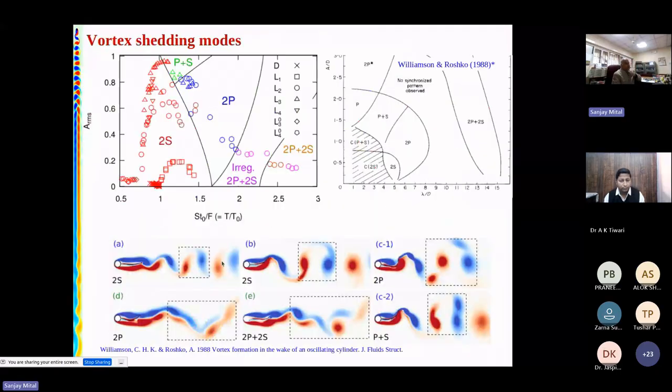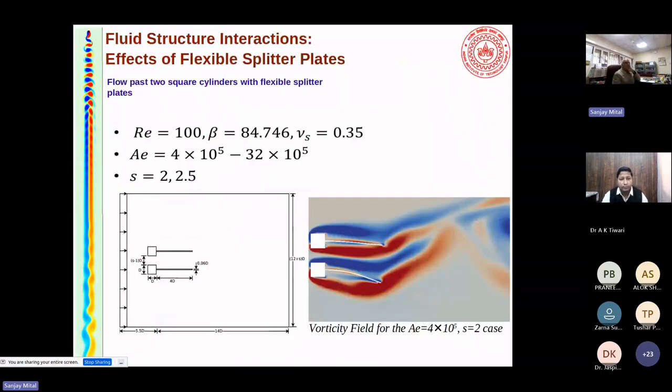The flow is very complicated, but by choosing appropriate non-dimensional parameters, we can group the vortex shedding into some regimes. I'm sorry I don't have the time to go into the details, but if you are interested, you can look at some of our papers and look at some details.